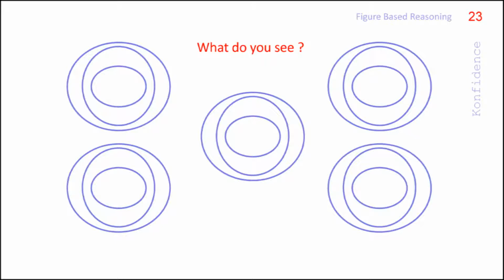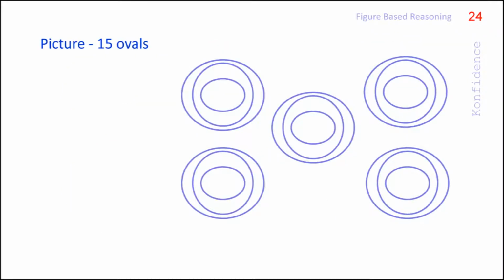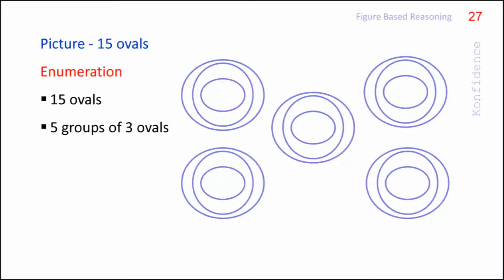What do you see? 15 ovals. Yes, that is what we see. No issues here. We are used to seeing what is imminently visible, not the details. Now enumerate. What do you see? You see 15 ovals grouped into 5 groups of 3 ovals each.